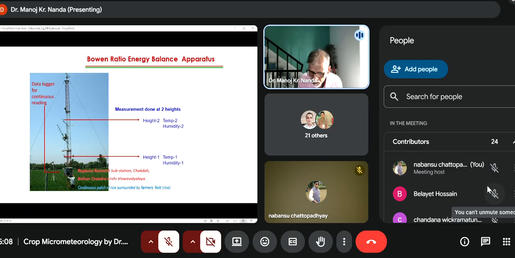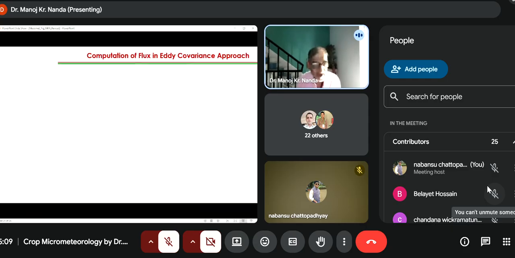So this is a collaborative project with ISRO, and it was the first time we developed some kind of tower network for ET estimation at different cropping situations in agriculture. So this is a breakthrough project. I'm happy to be a part of that project.